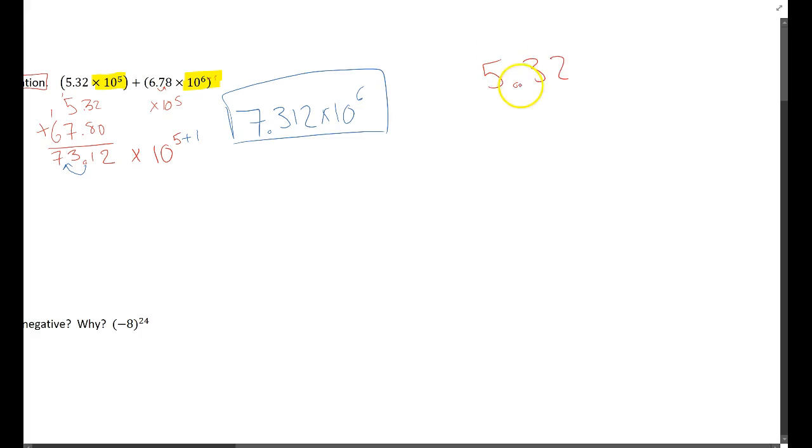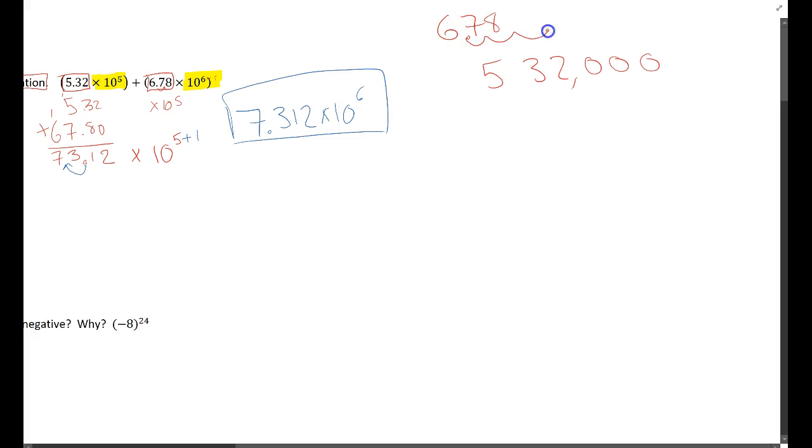5.32 times 10 to the 5th moves 5 times, I get 532,000. I can't just add this to this, because when they're not both in standard notation, 532,000 can't be lined up with 6.78 times 10 to the 6th.